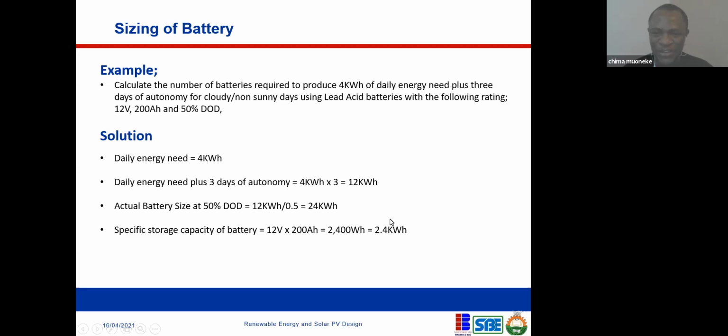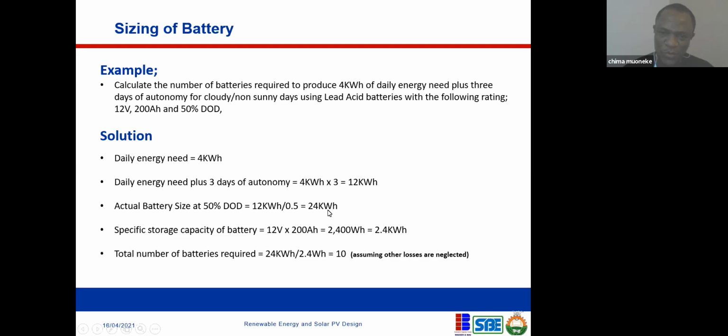So how many batteries do you need to get this? It's just a simple division. We divide this 24, not 12. We are looking at the number of batteries we're going to need to store 24 kilowatt hour. Then out of this 24 kilowatt hour, it can give us 12 that we need to power our appliances for 3 days.